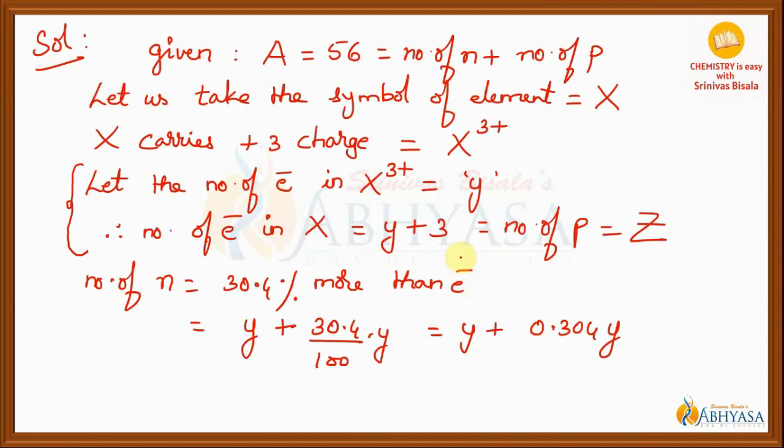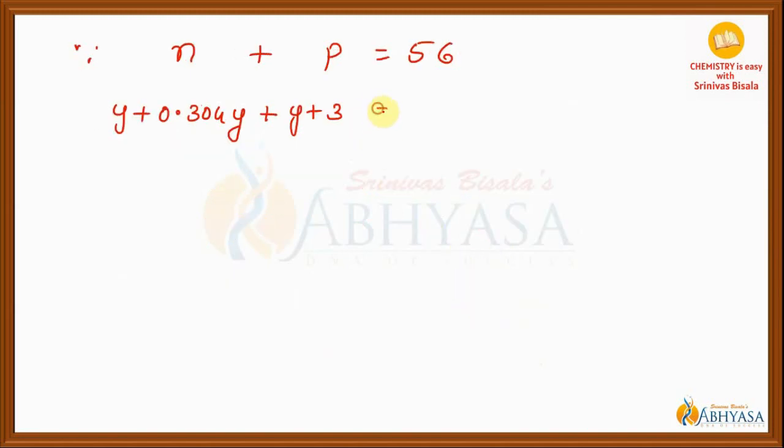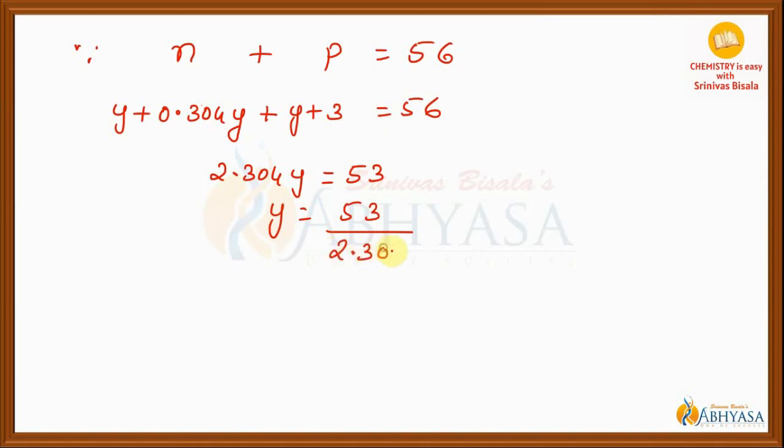I just simply substituted these terms in this one. So this is equal to 56. So this becomes 2.304Y, and you bring this 3 to the other side. 56 minus 3 is 53, and Y is equal to 53 divided by 2.304, and you solve it, you get the value as 23.